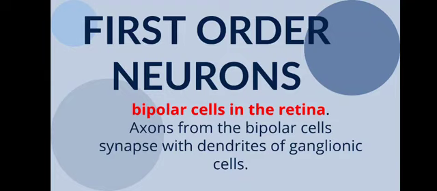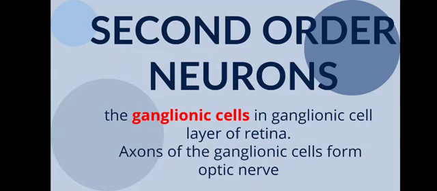Coming to the first order neuron, as I have said before, the bipolar cells in the retina are the first order neuron. Axons from the bipolar cells synapse with the dendrites of ganglionic cells. The second order neurons are the ganglionic cells. In the ganglionic cell layer of retina, axons of ganglionic cells form the optic nerve.